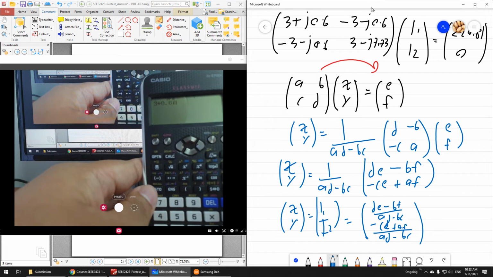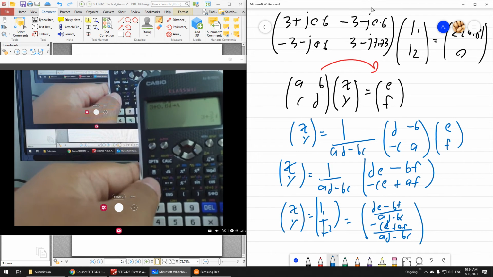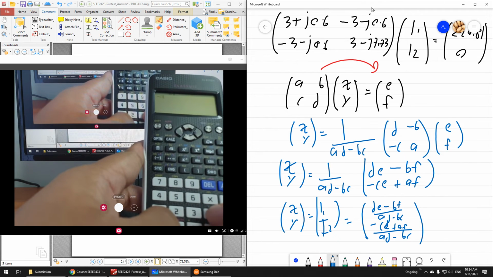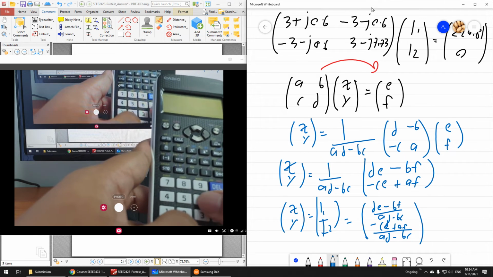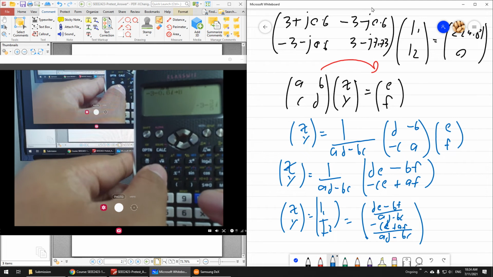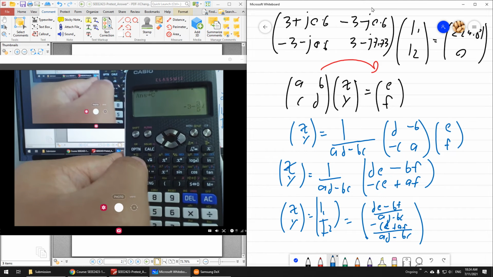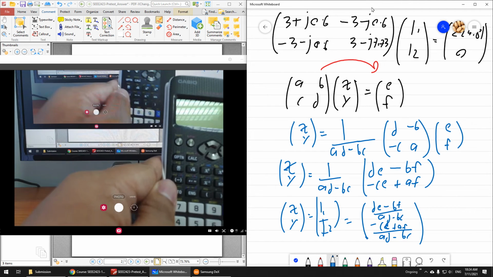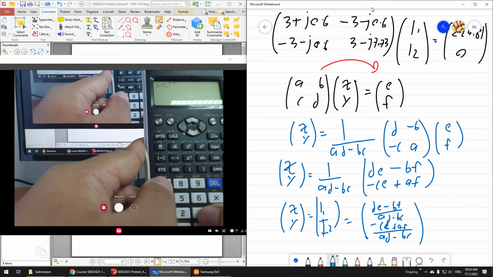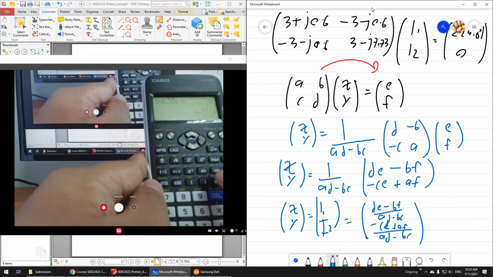You can see here STO, it will store the number in A. Then negative 3 minus 0.6i, store in B, and also store in C. And then 3 minus 7.73i, and this one store in D.